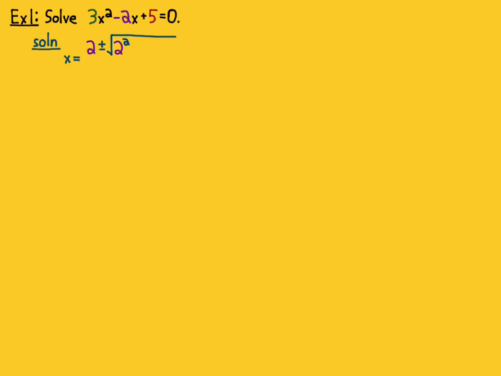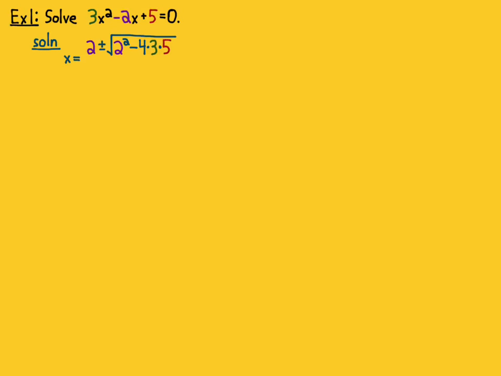Then we'll have plus or minus square root of b squared. Now, b squared is actually the quantity negative 2 squared, but that's going to be 4, so I just wrote 2 squared because I didn't want to write the parentheses with the minus because we're squaring it, so it comes out the same anyway.